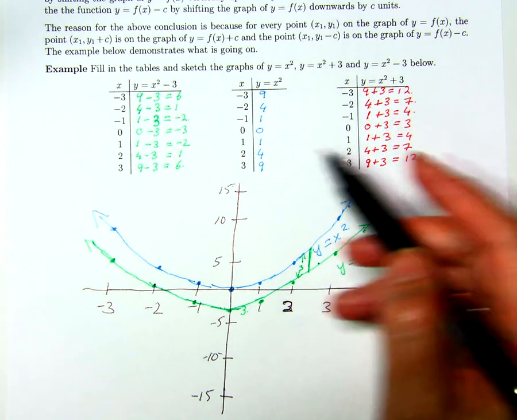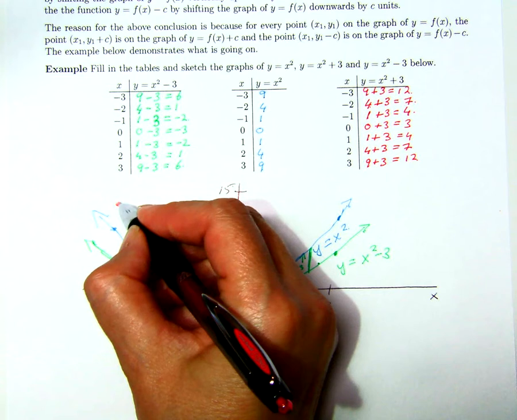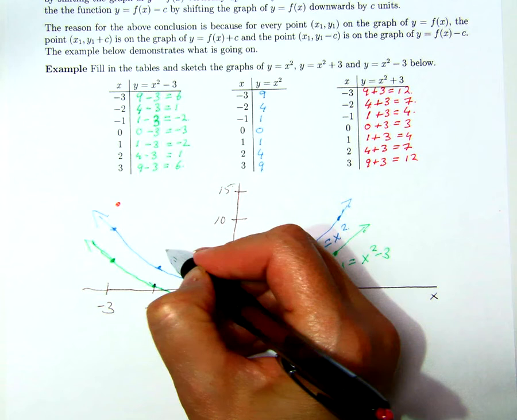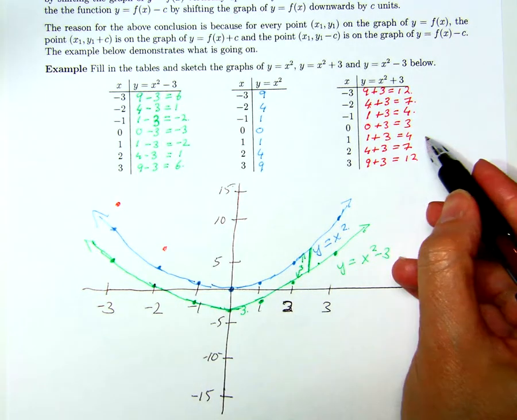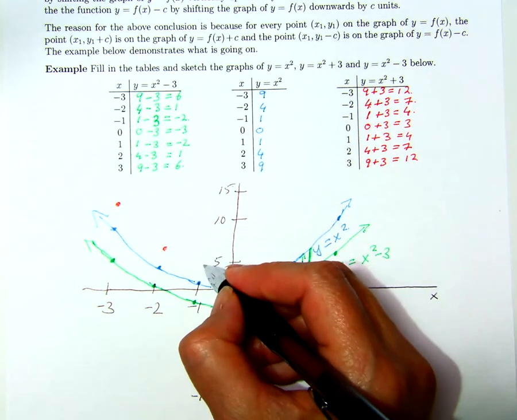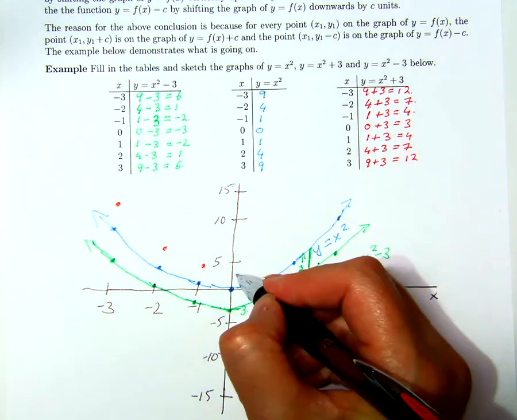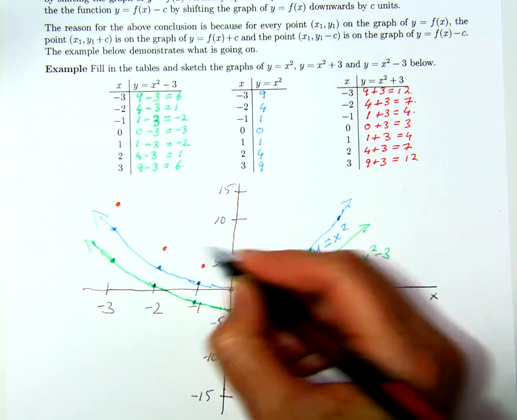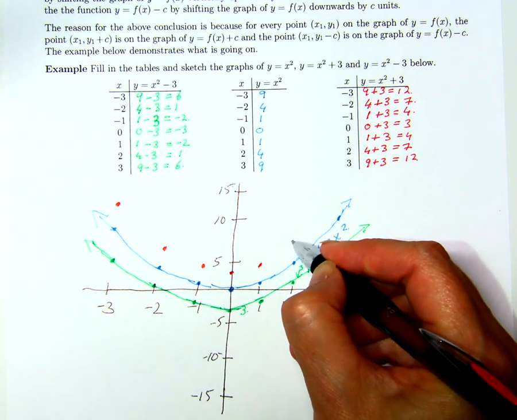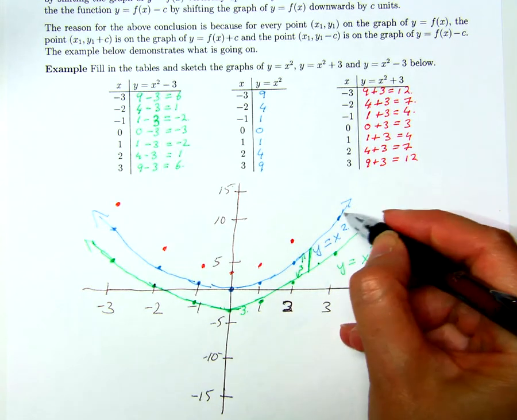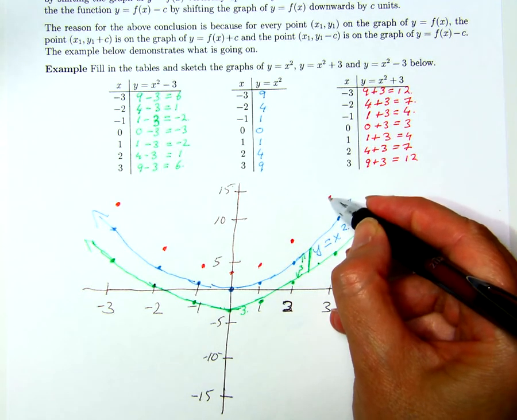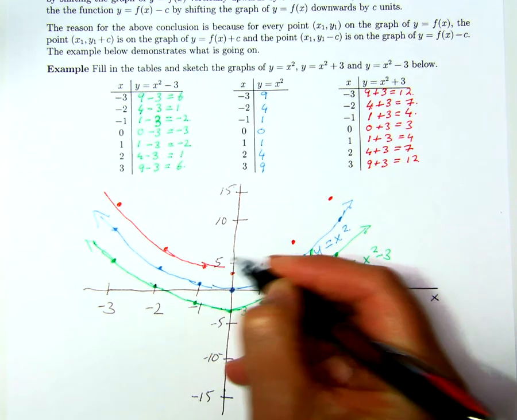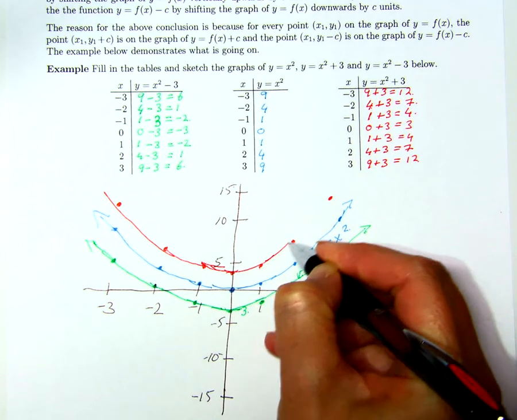So when x is -3, y is 12 here, so it's 3 points above. -2, y is 7. -1, y is 4. 0 corresponds to 3. 1 to 4. 2 to 7. And 3 to 12 again. So again, we get the graph of y equals x squared shifted upwards by 3 units.